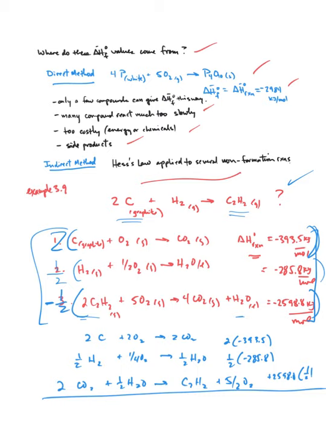Did I make an error? Yeah, I found my error. If you were following along with the book, I forgot to write a 2 here, and that was the tip-off to me that I had made an error.